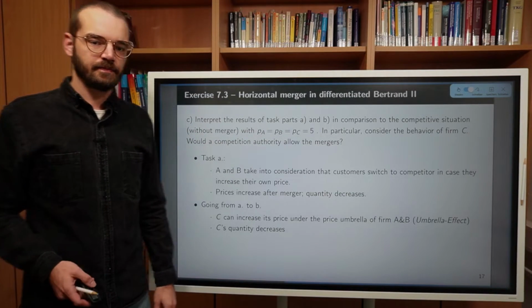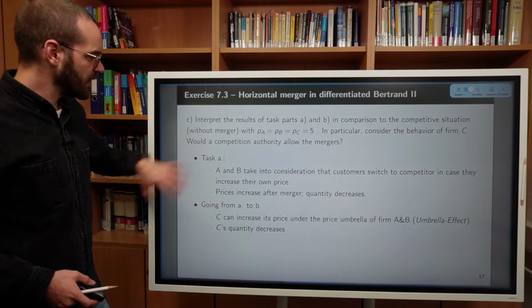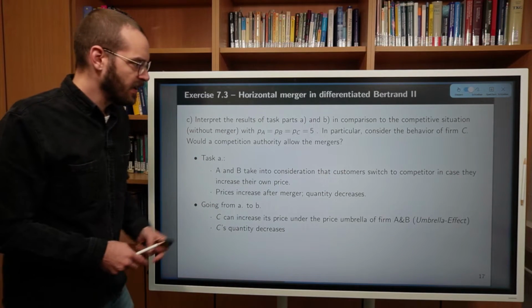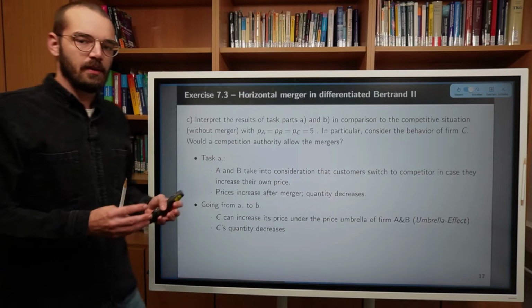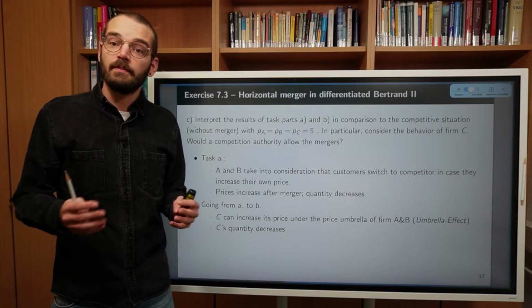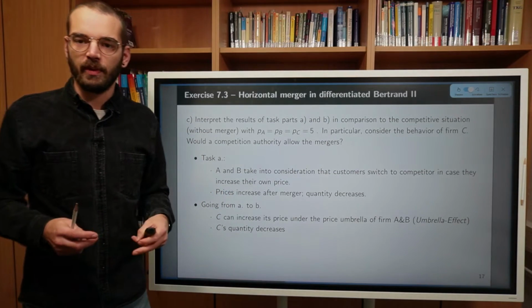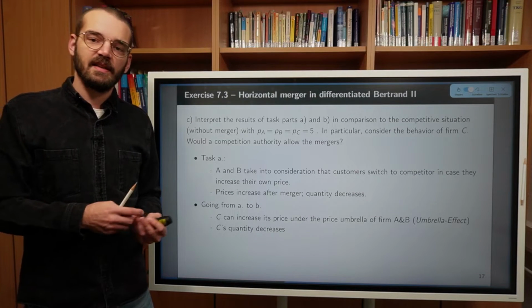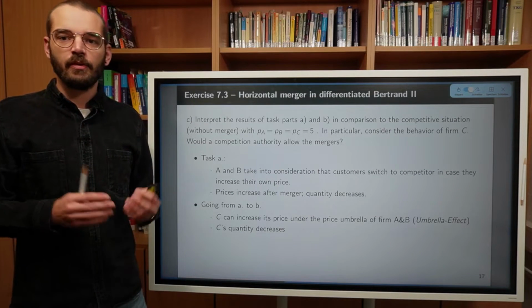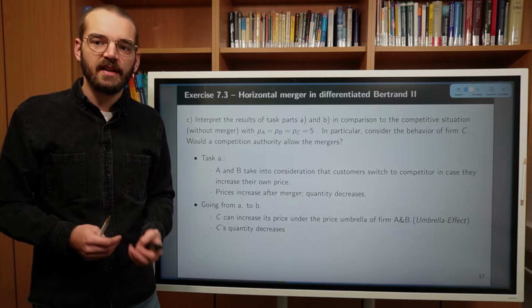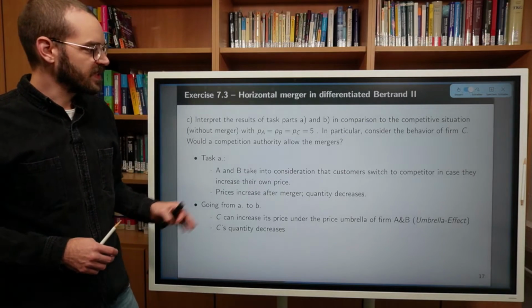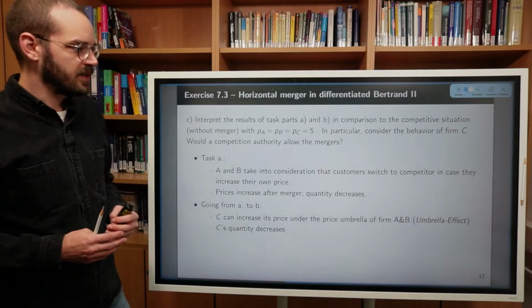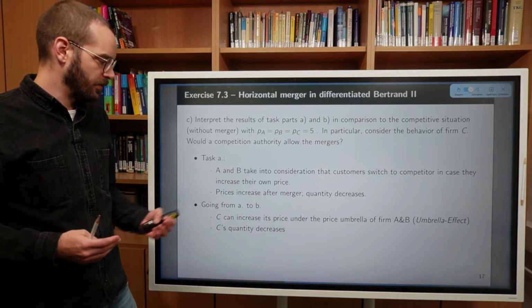All right. So first, what did we see in task A? In task A, firms A and B merged into one firm. And what we noticed is that in the profit maximization, firms A and B now take into consideration that customers switch to competitors in case they increase their own price.